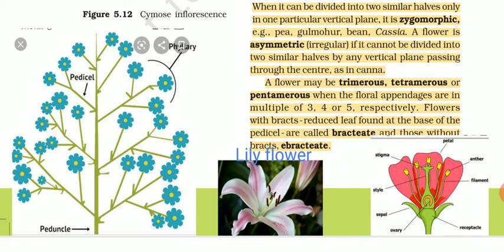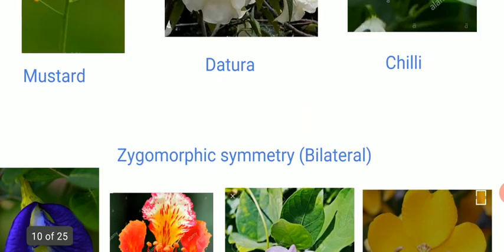These kinds of flowers are known as trimerous. If the floral appendages such as sepals and petals are 4 in number, like we have seen in mustard, then the flower is known as tetramerous. But when they are 5 in number, both sepals and petals, they are called pentamerous. So we have already studied bracteate and ebracteate flowers.